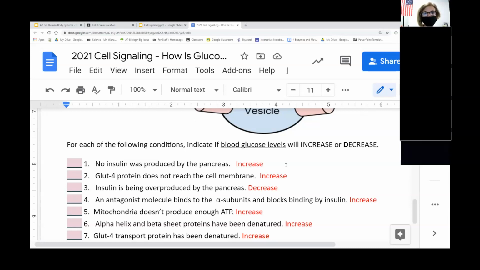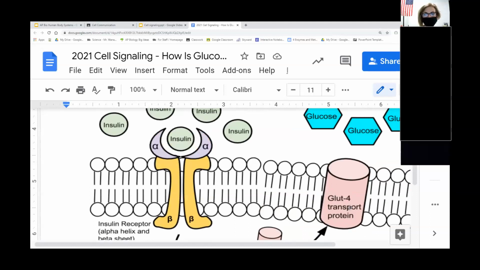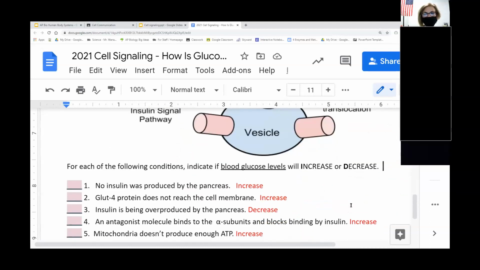If the GLUT4 protein does not reach the membrane, and the GLUT4 protein is supposed to shuttle glucose across, then sugar will stay in the blood, and so it would increase. If insulin is being overproduced by the pancreas and insulin is taking sugar out of the blood, then it should cause a decrease in the blood.